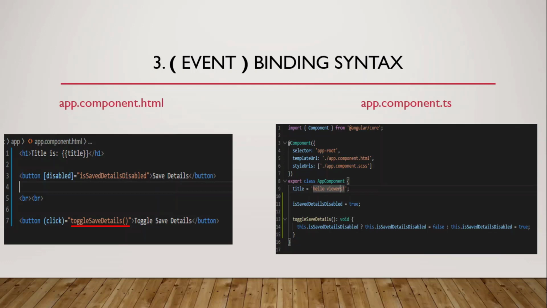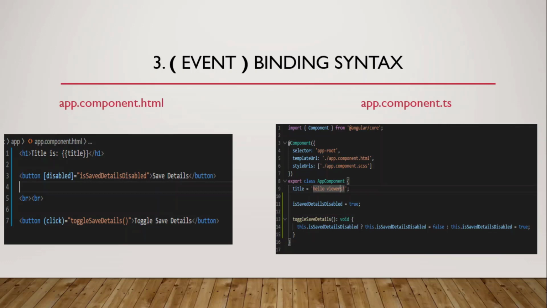You can see in the component.ts that I have created that method, and what this method is doing is toggling the value of is save details disabled. So if we click the button once, and the button is disabled by default, it will make the button enabled, and if we click again it will make the button disabled, and so on.